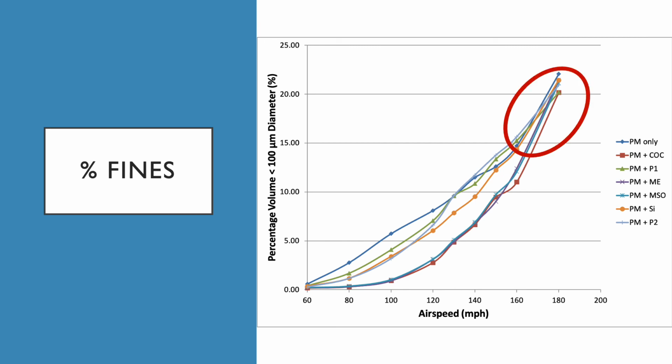We can see a little more separation at the higher airspeeds, but again, as we start hitting particularly 150, 160, we really see these solution numbers really start to come together and just not have the separation in solutions. So again, just something to keep in mind is that at higher airspeeds, if you're depending on solution to give you a bunch of benefit in terms of your droplet size, you might want to revisit your nozzle setup.